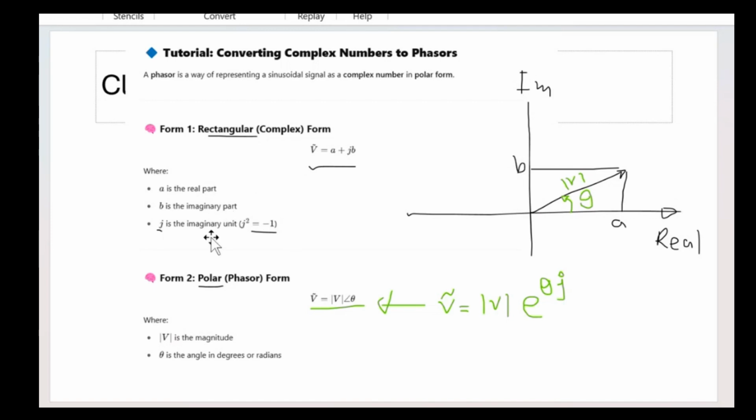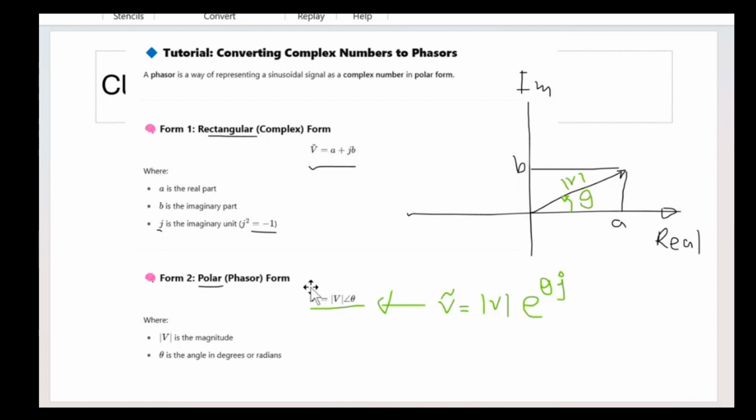So we can show the same number with a vector, as you can see this vector here. And this vector obviously has a magnitude and also has an angle. Essentially showing the complex number as a vector with its magnitude and angle is known as the polar format or the phasor format.